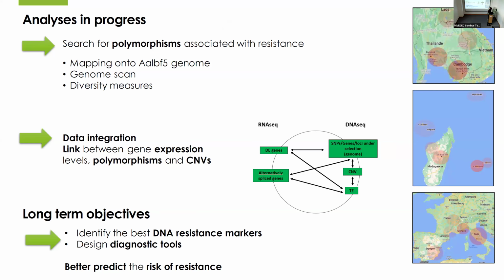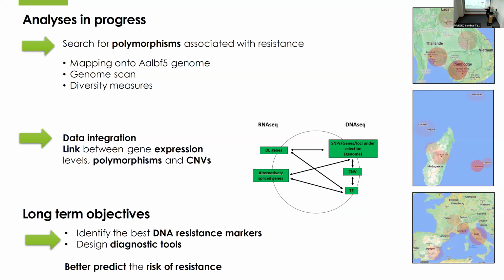And so this work is still in progress. For now, we are searching for polymorphisms associated with resistance. A new genome of albopictus has just been, not yet published, but we use it to map our reads onto the new genome. And then we plan to do genome scan analysis and diversity measures to find those polymorphisms.